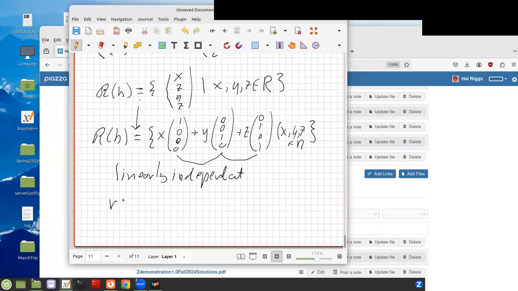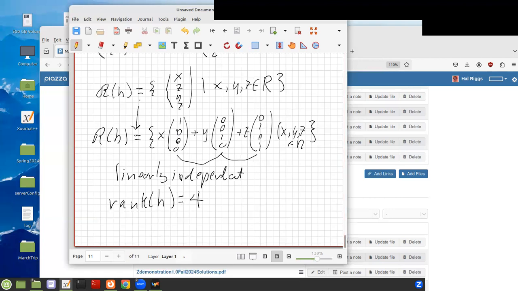So what's the rank of H? The rank would be 4, because there are 4 components? Is that correct? Is the rank the number of components in the basis?